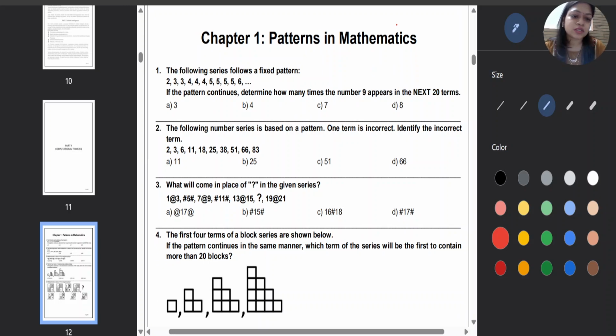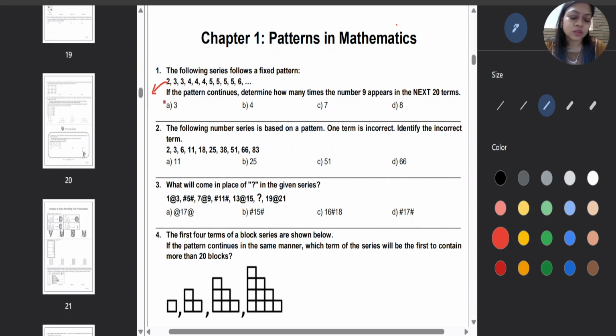So let's try to understand the pattern here. The pattern is, first you are given 2, the first number is given only once, the second number in the counting, that is 3, is given twice, then 4 is given 3 times, then 5 is given 4 times, then 6 will be given 5 times.